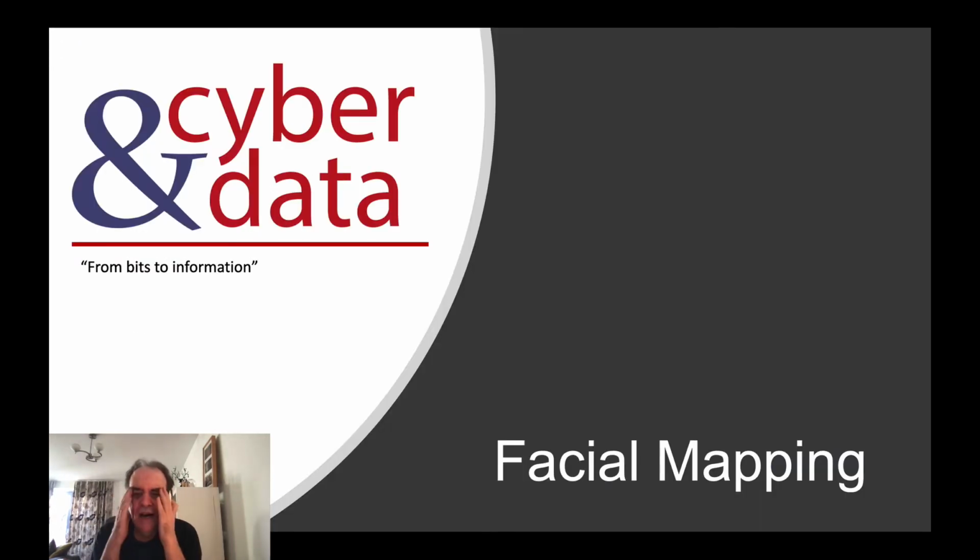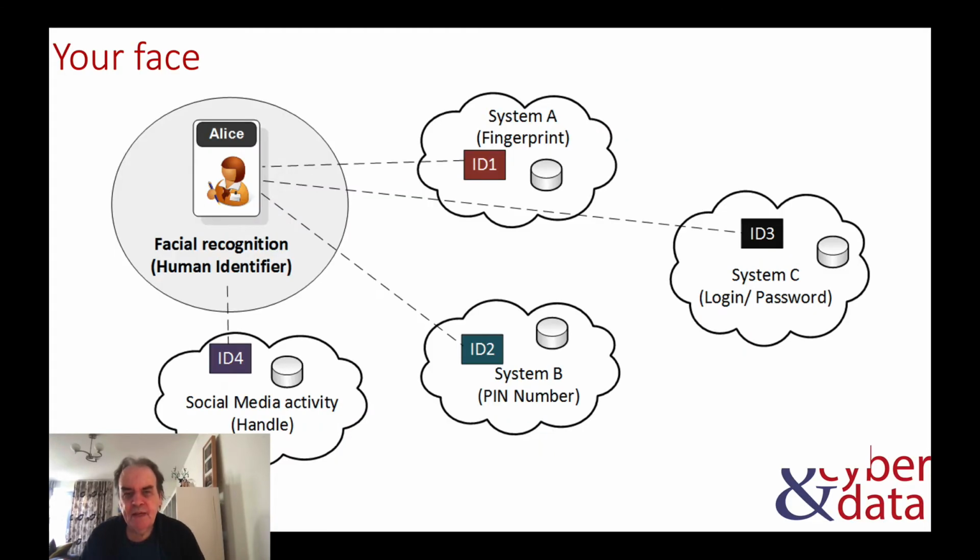So let's look at facial mapping. Increasingly, our face is used to be able to detect users and for logins. So a mobile phone is often used these days, especially for Apple devices, to be able to scan the face and to be able to log in to a range of systems.